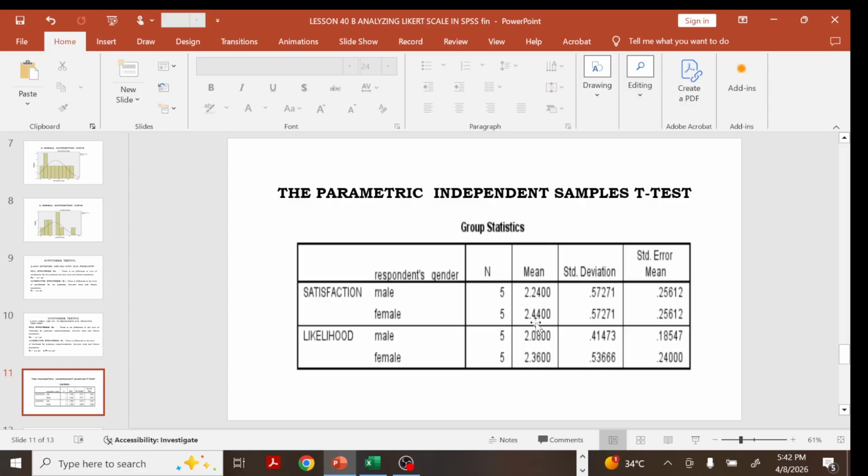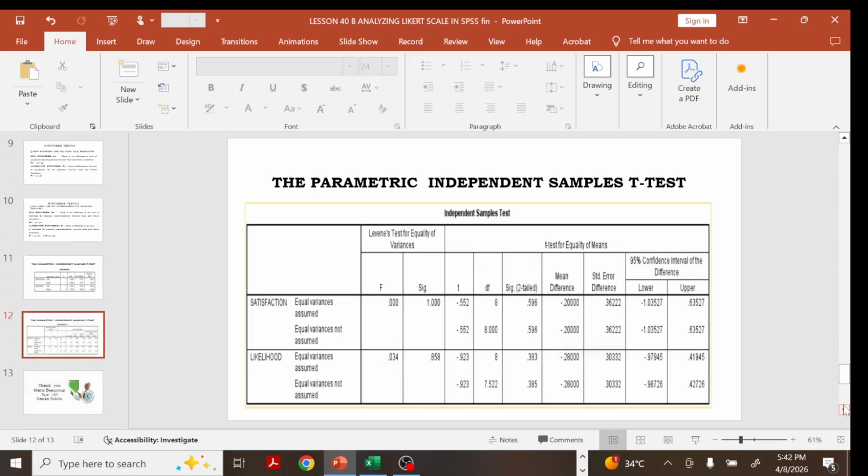This alone, of course, can give us information that there's no difference, but still we have to go and look at the statistical difference in the test of the two independent samples.